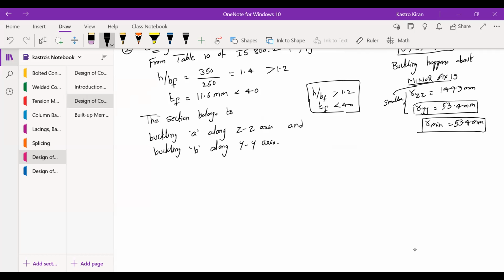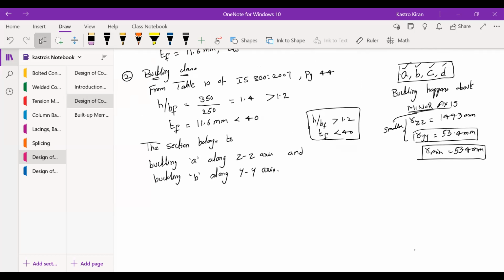So I was telling that the buckling will always happen about the minor axis. So we have to find out which value. RZZ is 149.3 mm and RYY is 53.4 mm. So buckling happens along the YY axis because it has the lesser value, that is 53.4, right? The buckling happens along the axis which has the lesser value of r.